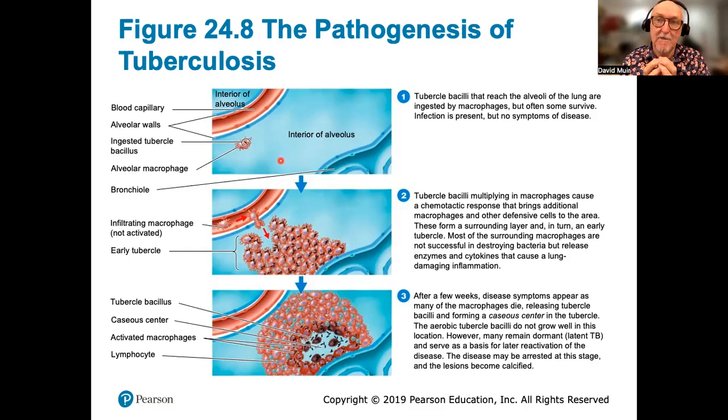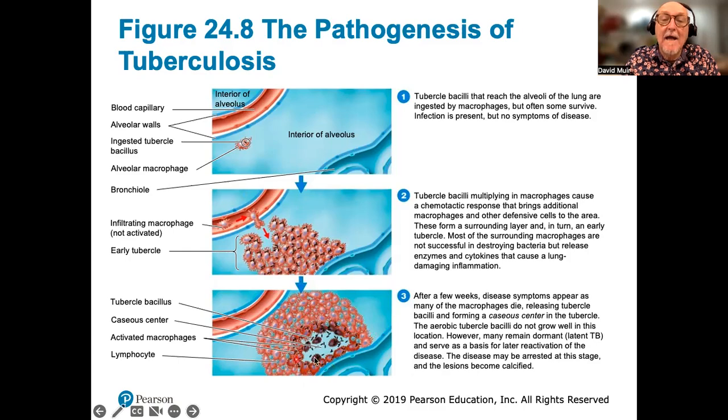More macrophages come, and the infected macrophage will eventually die, as they have a relatively short lifespan, and more macrophages become infected, all centered around the original area where the bacterium was first ingested. And they begin to form this structure.